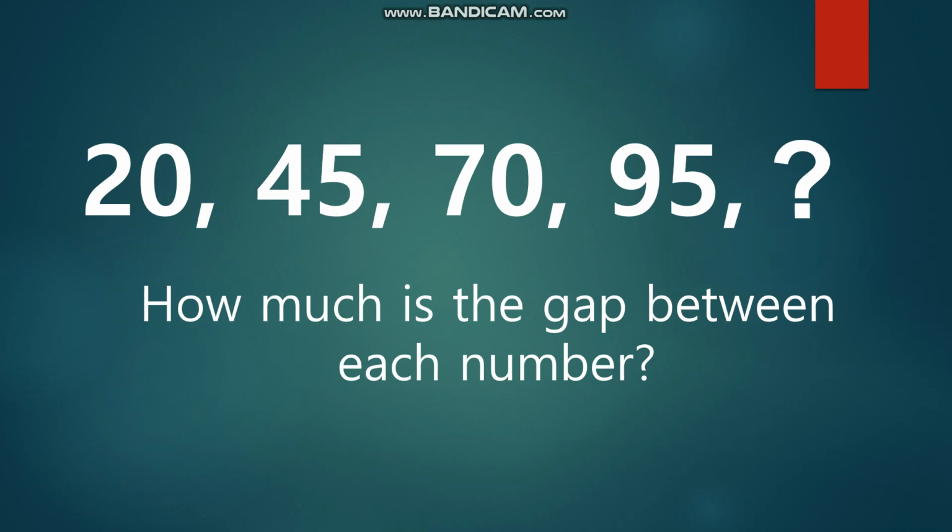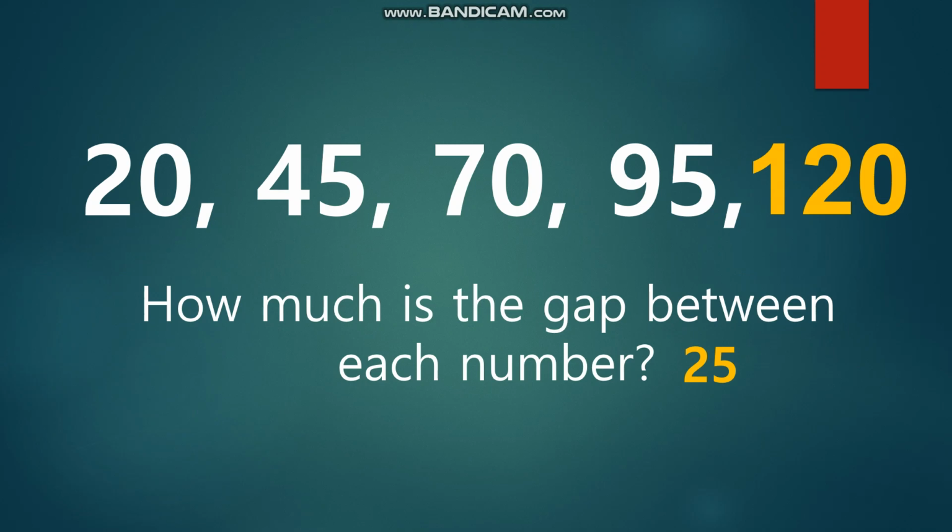The next number is bigger than the previous number, and the difference between each number is the same. How much is the gap between each number? 25. So the answer is going to be 120.